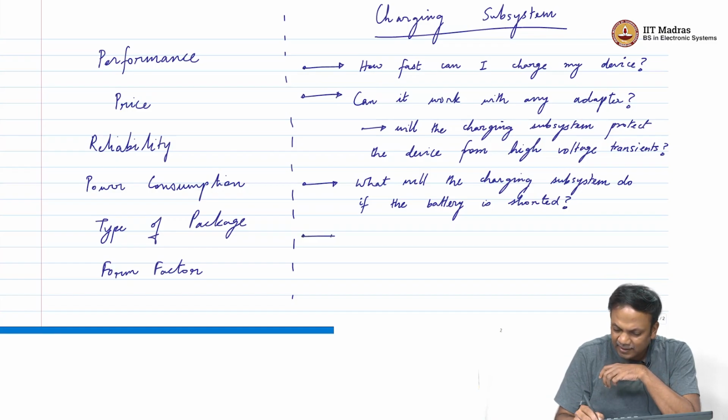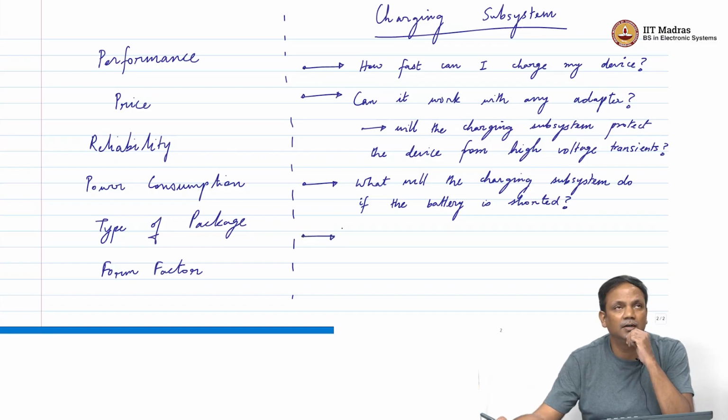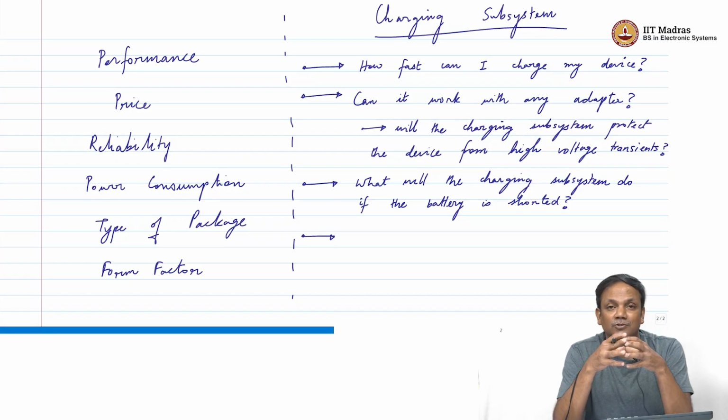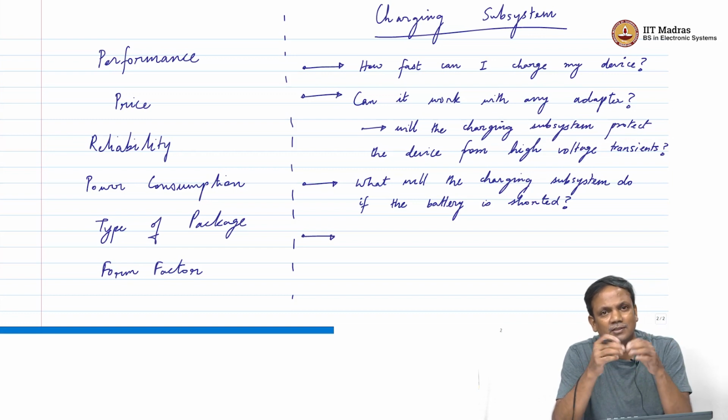As a related statement, batteries, again, we associate fire, heat and all that together. So, what happens if the battery heats up? What should the device do? Can the charging subsystem protect me? You might have noticed this: when you plug in your phone to charge and touch it, you will see that it is getting hot.